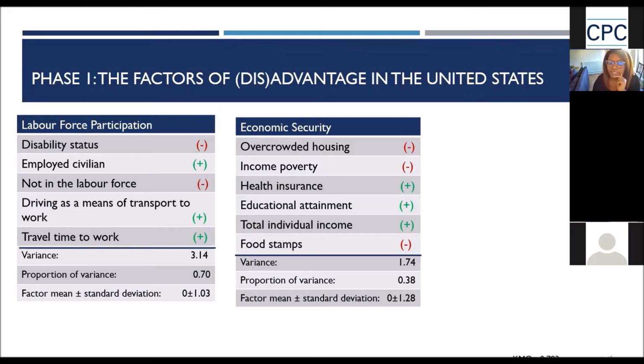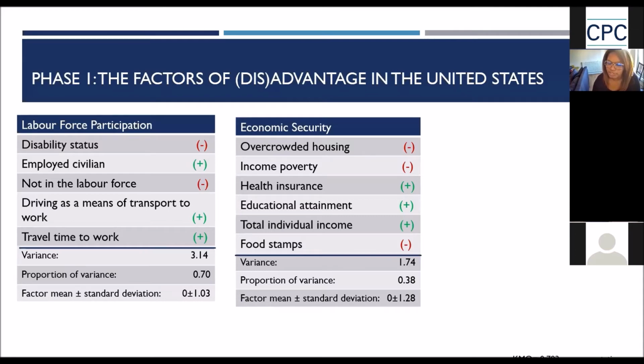Health insurance, educational attainment, and income all have positive relationships with this factor. When an individual lives in overcrowded housing, is in relative income poverty, and is a recipient of food stamps, there's a negative association with this factor.